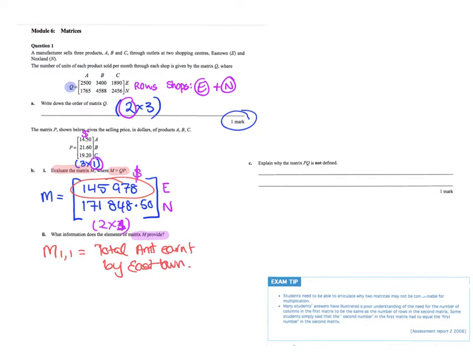And then you might say M21 equals total amount earned by Knoxland, selling those products. That's exactly right. So can you see how sometimes it's hard to understand what you multiply them, and you can do it on your calculator, no problem. So we get that mark easy.